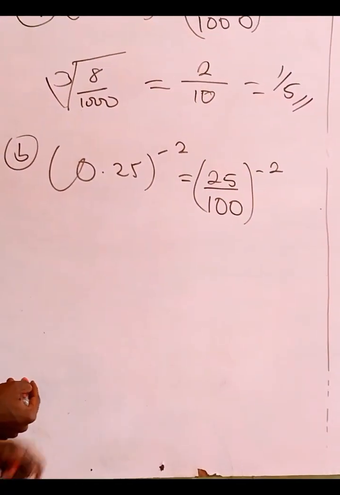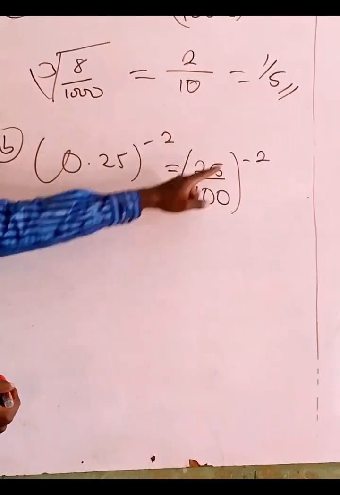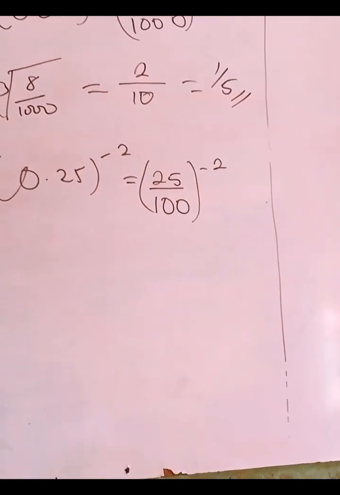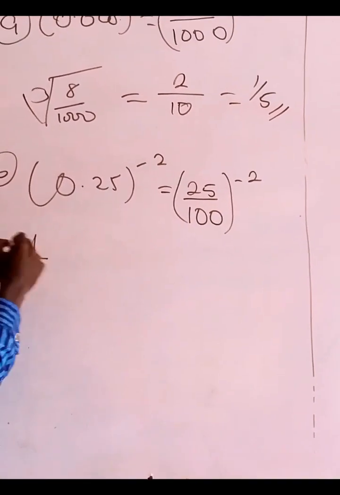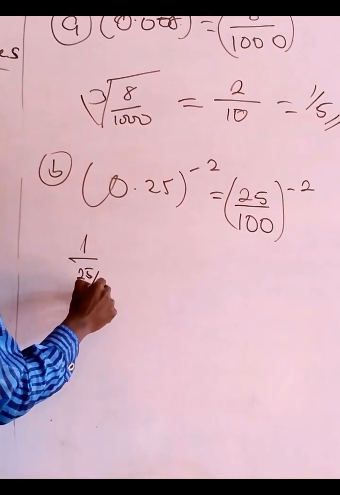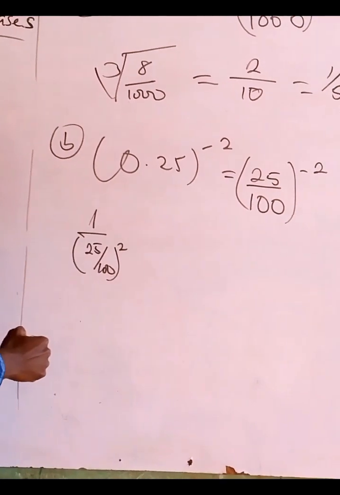Very good. Now, using the power of negative index, that will give us 1 divided by 25/100 raised to the power of 2.